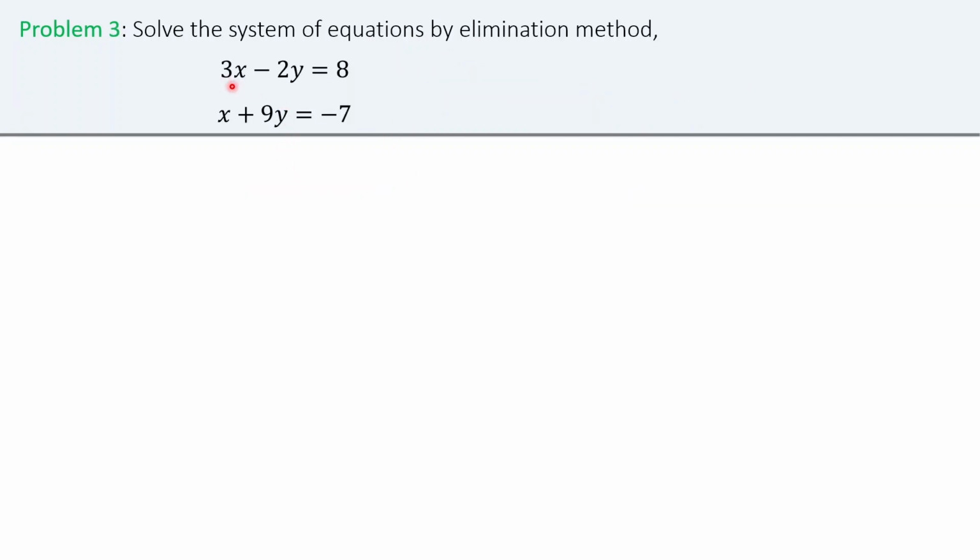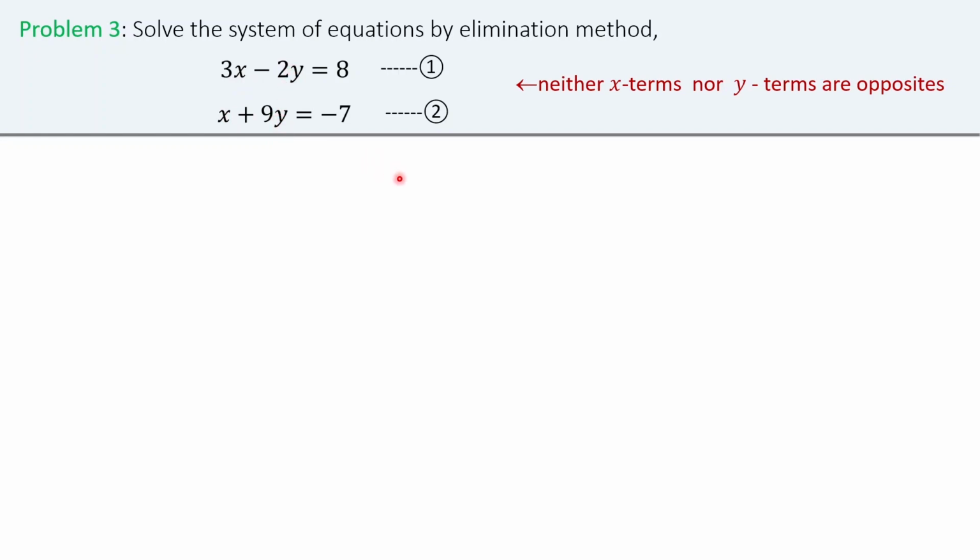Next we will solve the system of equations. Equation 1, equation 2. In this system, you have positive 3x and positive x. These are not opposites. Negative 2y, positive 9y. These are also not opposites. So neither the x terms nor the y terms are opposites.